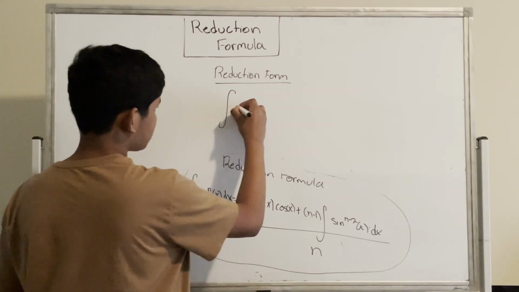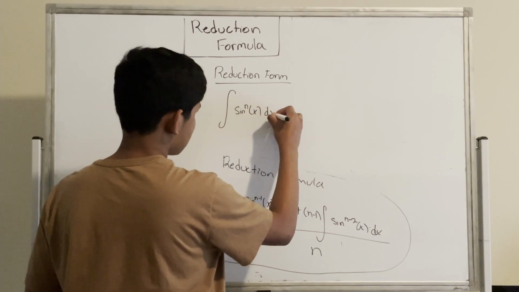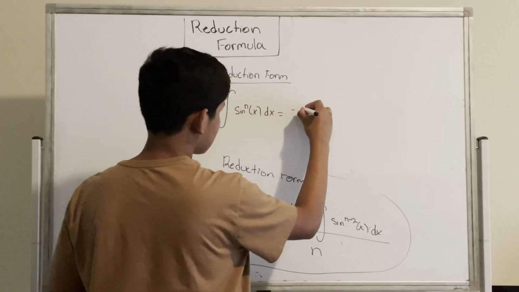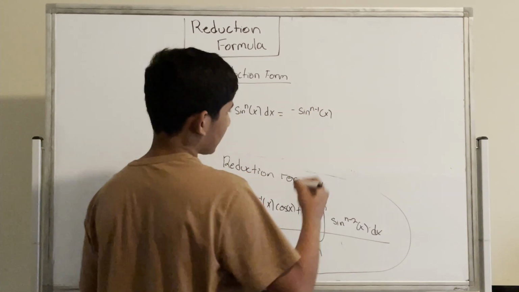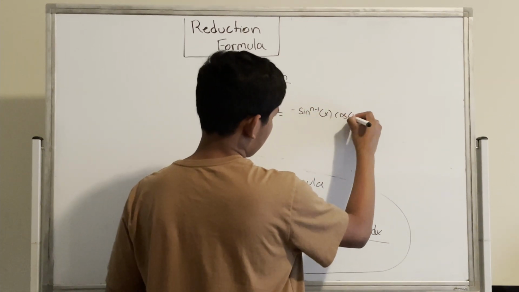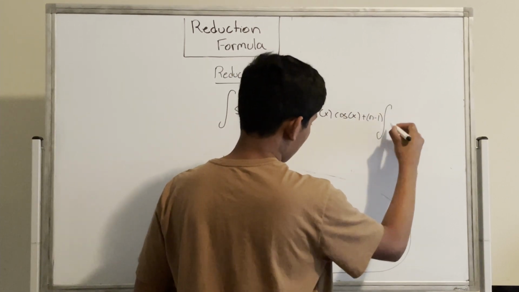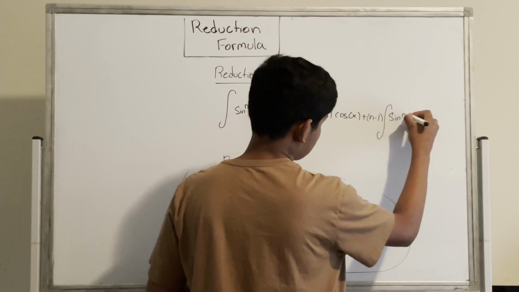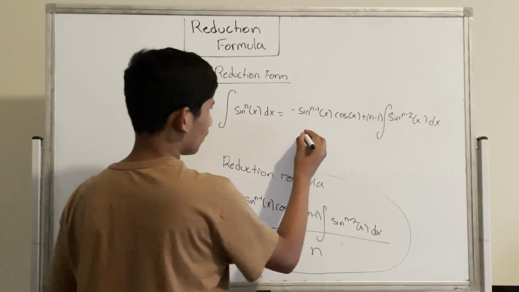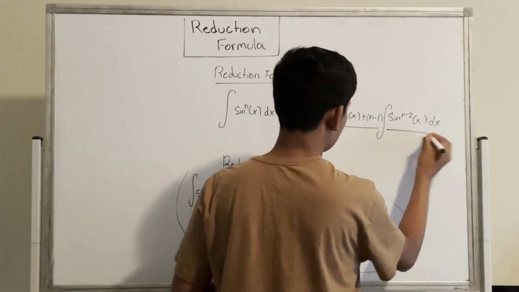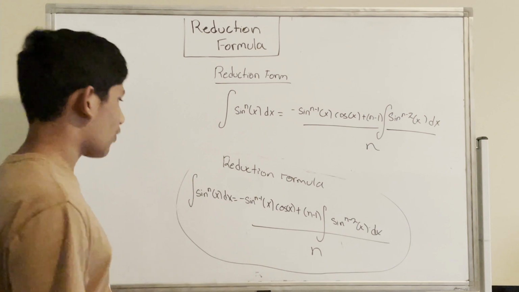So the integral of sine n x dx is equal to minus sine n minus 1 x cosine x plus n minus 1 times the integral of sine n minus 2 x dx, all over n. And this is going to be a reduction formula.